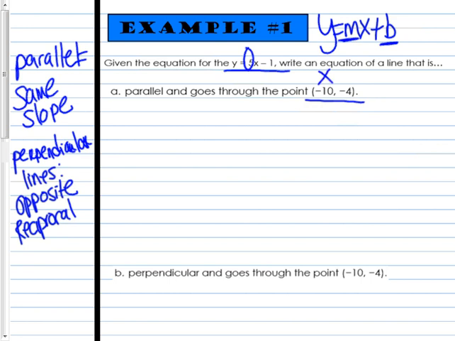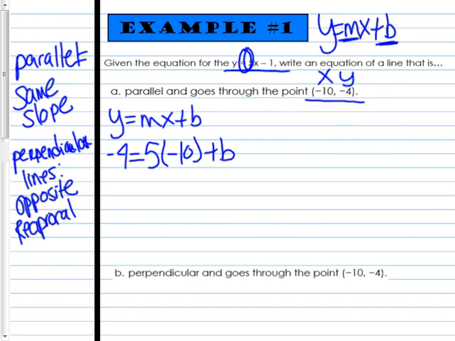So if I use this as the x, and this as the y, and I already have the m, because the m is 5, I can plug all those in and find the b. So y equals mx plus b. Instead of y, I'm going to use the point's -4, equals, instead of m, the 5, same slope, times x, -10, plus b. -4 equals -50 plus b, so 46 equals b.